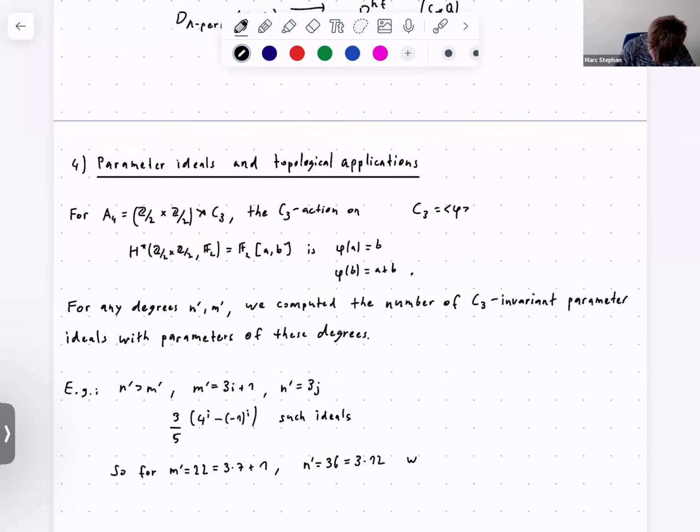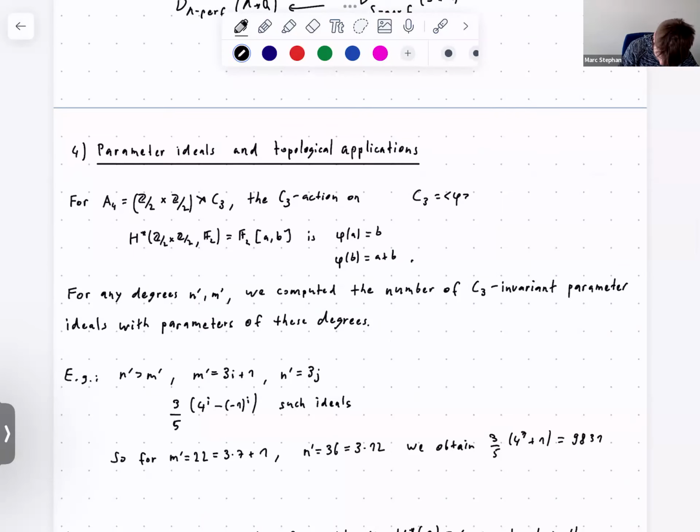Then we obtain 3 to the 5 times 4 to the 7 plus 1. And if one plugs it into a calculator, one gets this 9,831 from the beginning.